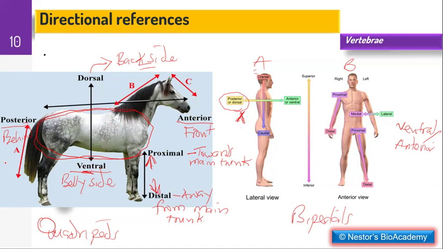Again, if I stand at point Y here, I'll be seeing the horse from behind, the side where we have the tail end, and that will be the posterior view. But then, let's say, I want to be able to see the back side on this end.